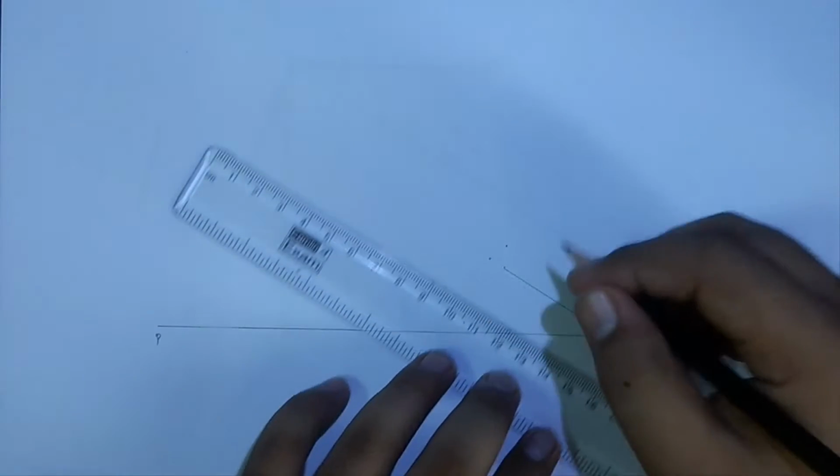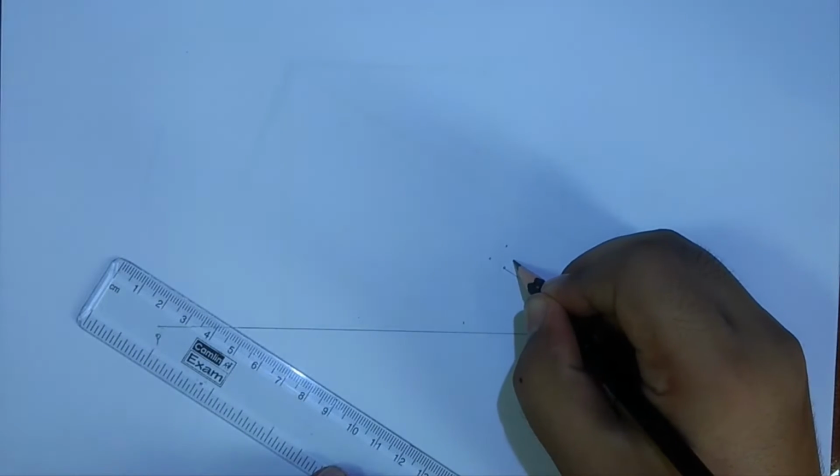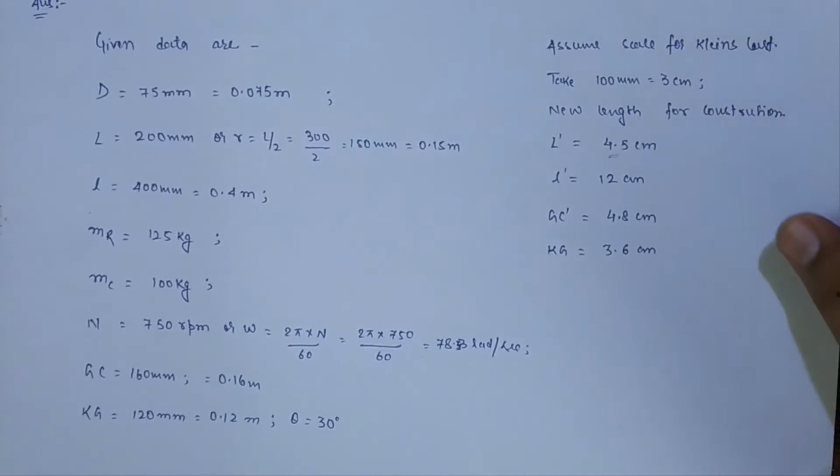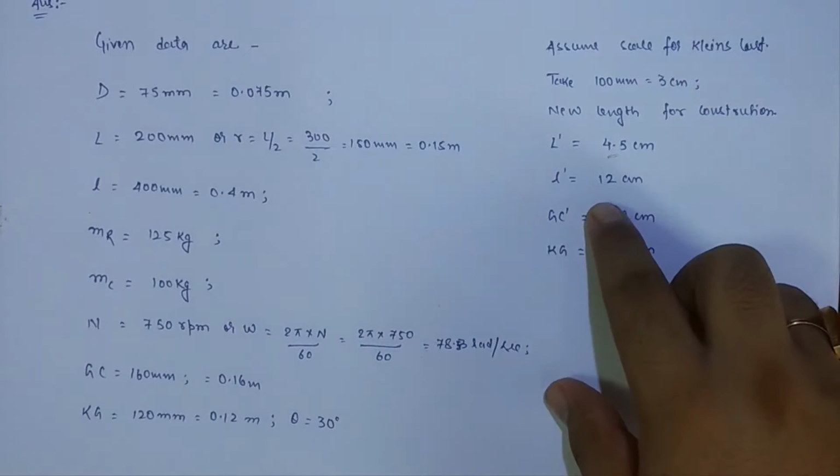Mark it as C. Now from C measure a distance equal to 12 cm, which is the length of the connecting rod, and cut it on OP.